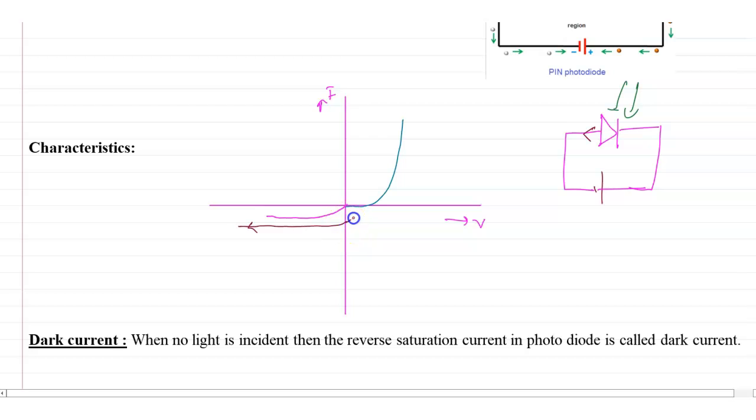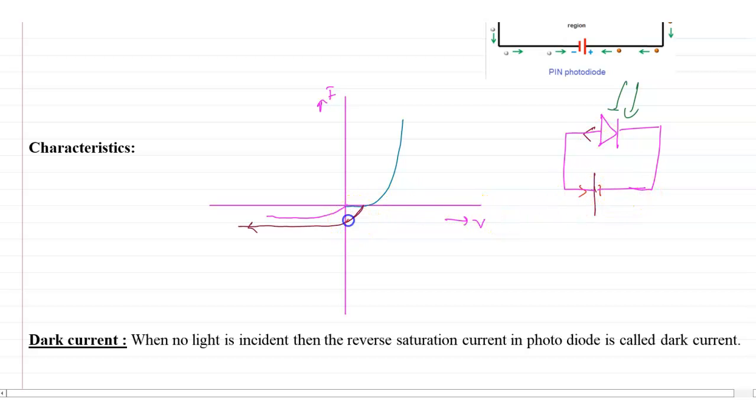In forward bias also we get this, and we can use a sufficient forward voltage. For a low value of forward voltage, the diode is able to charge the battery. That means the voltage of the photodiode should be greater than the voltage of the battery, then the battery will charge.